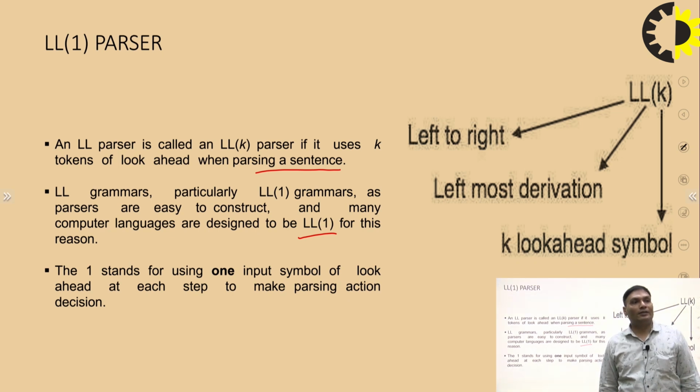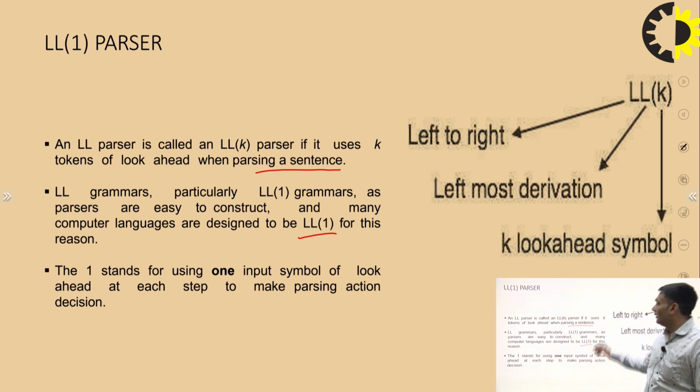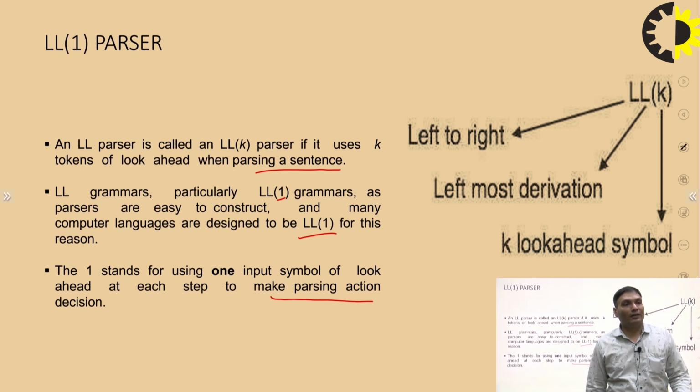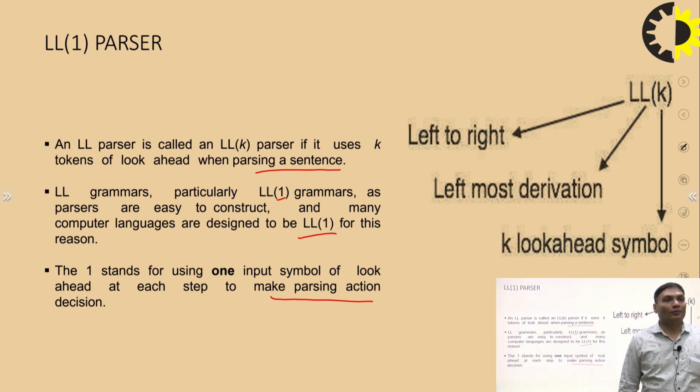Here, the 1 stands for using one input symbol of look ahead at each step to make the parsing action. So here we are referring to one input symbol at a time. That's why we are writing 1 here.